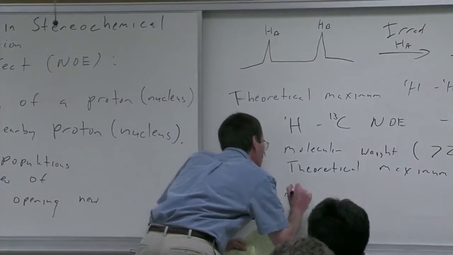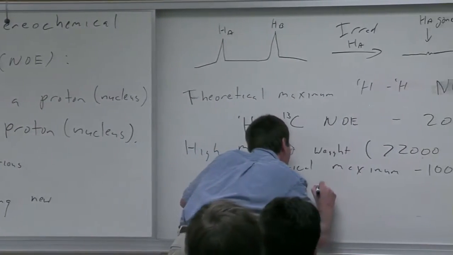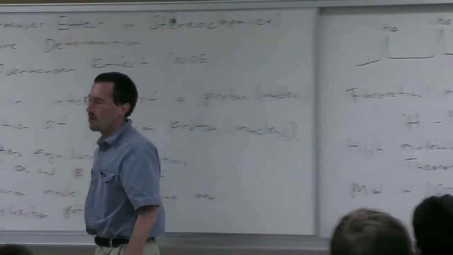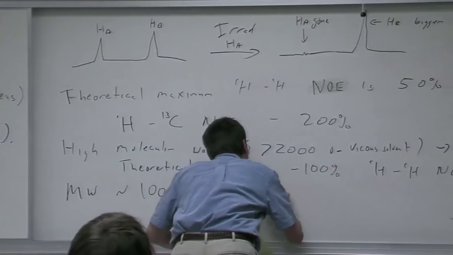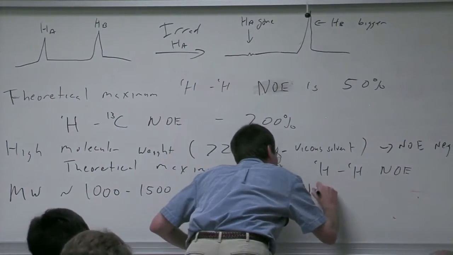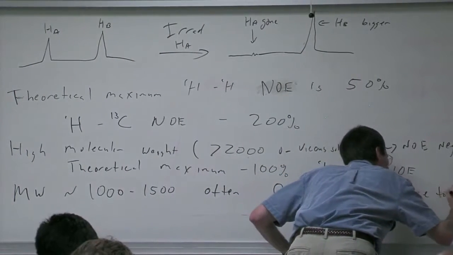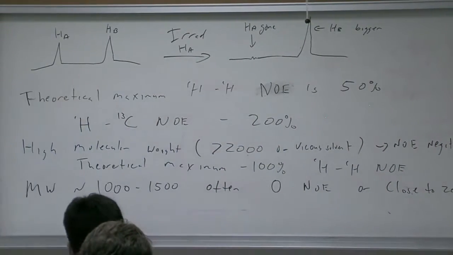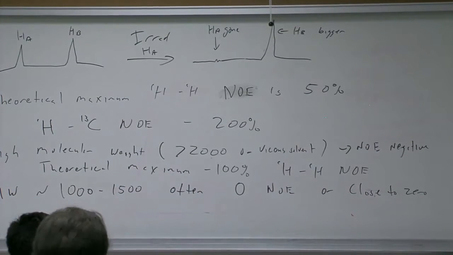But I'm going to step out on a limb here and say molecular weight range of, say, 1,000 to 1,500, which is a big small molecule, is often 0 NOE, or close to 0. And there's a related technique that's called a rotating Overhauser effect that's often used to bring out these.